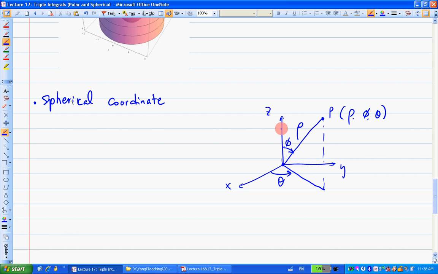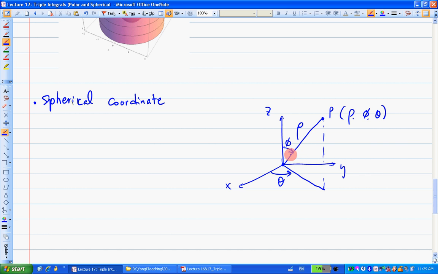And for phi, the z-axis is the starting point, and you go clockwise. So phi here is clockwise, and theta is counterclockwise.